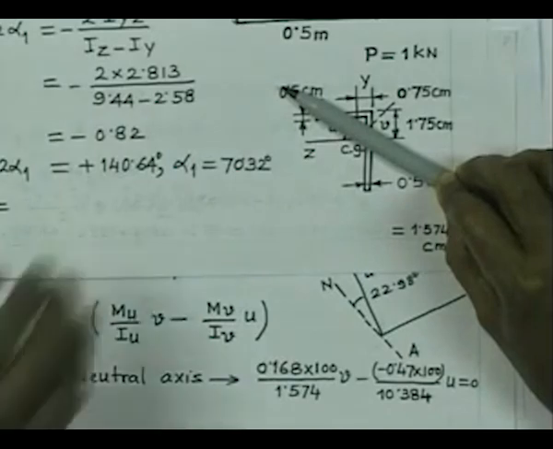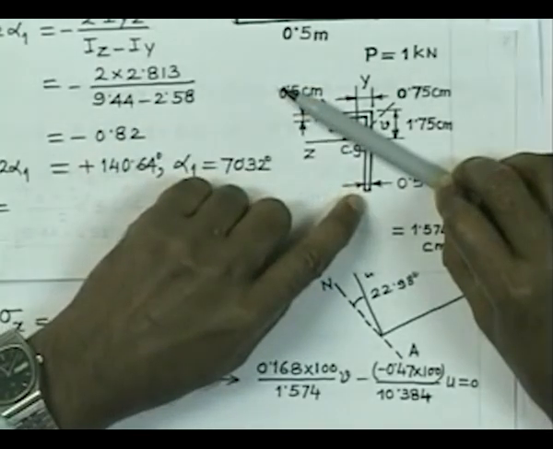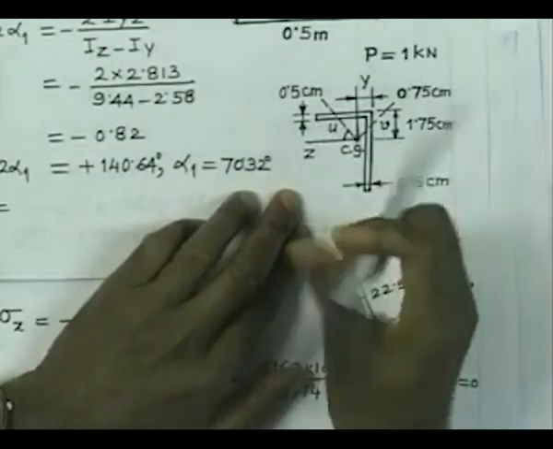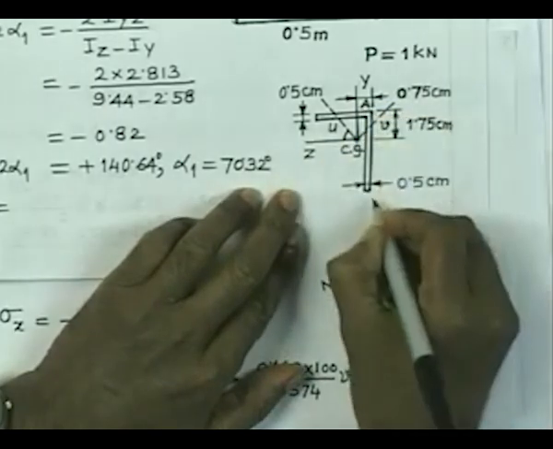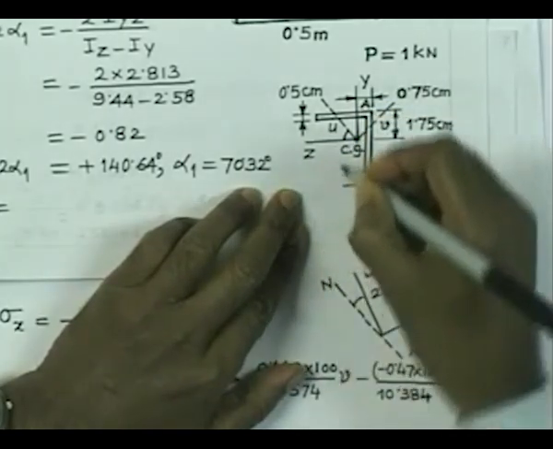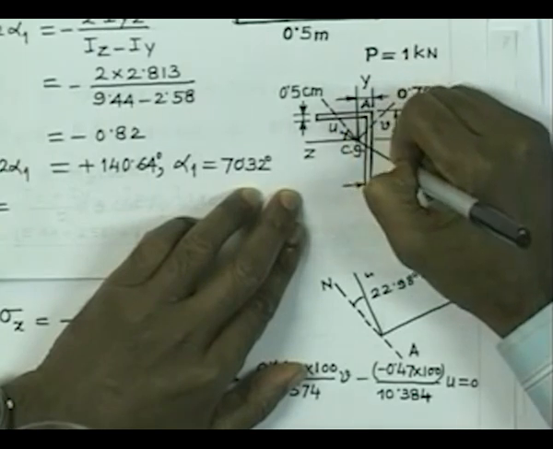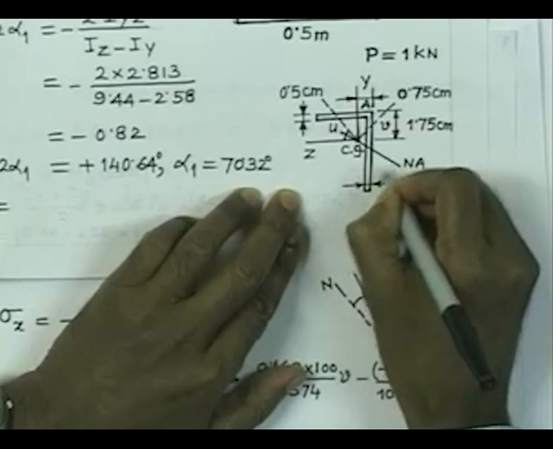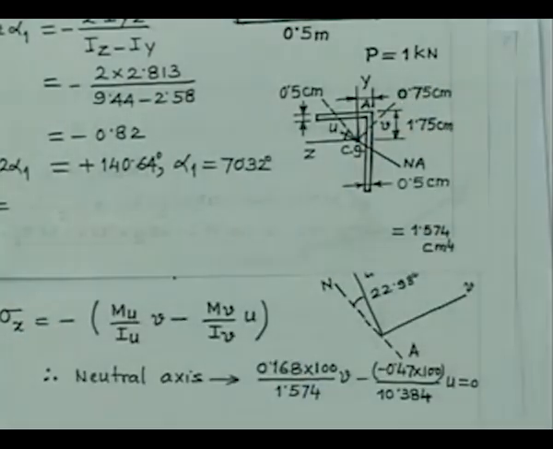So, you can now calculate the stress at the furthest points from the neutral axis. This is the furthest point, because my neutral fiber is located like this. Similarly, this is the furthest point. You can calculate the stresses at those points.